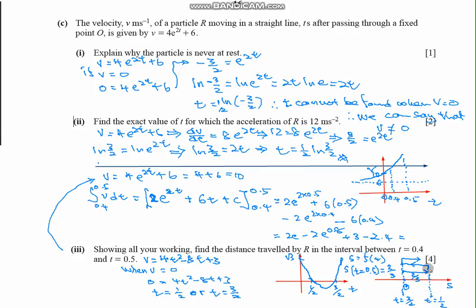Now when you reach this point, you make a turn back. From here we know it becomes negative after t. So by the time you reach t equal to 3/2, you make a turn again in the positive direction. Here velocity is positive. Now we have to locate the position when t equal to 3/2.